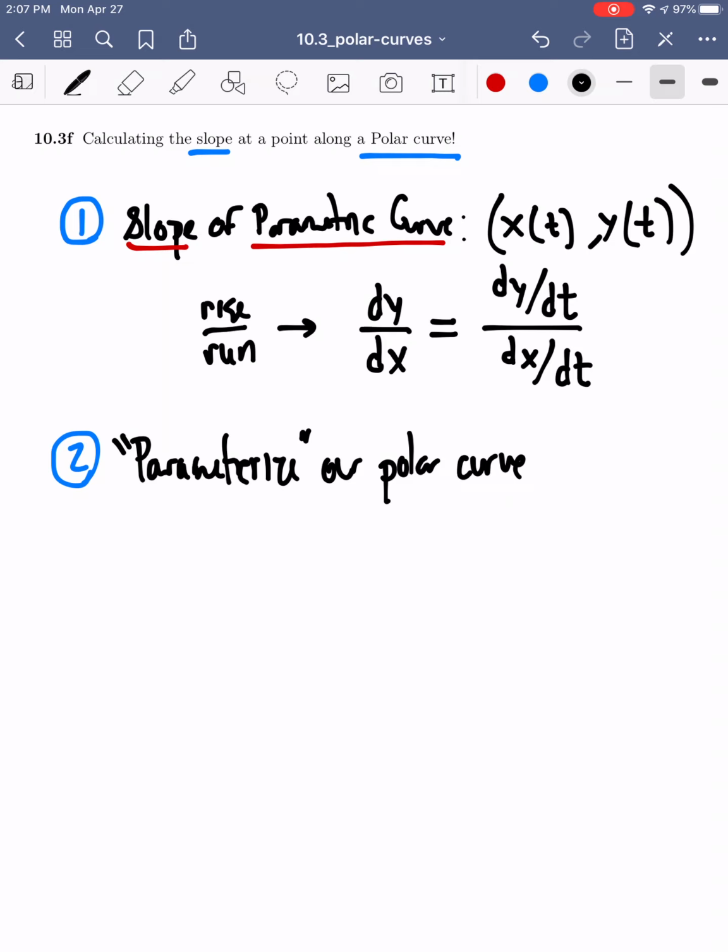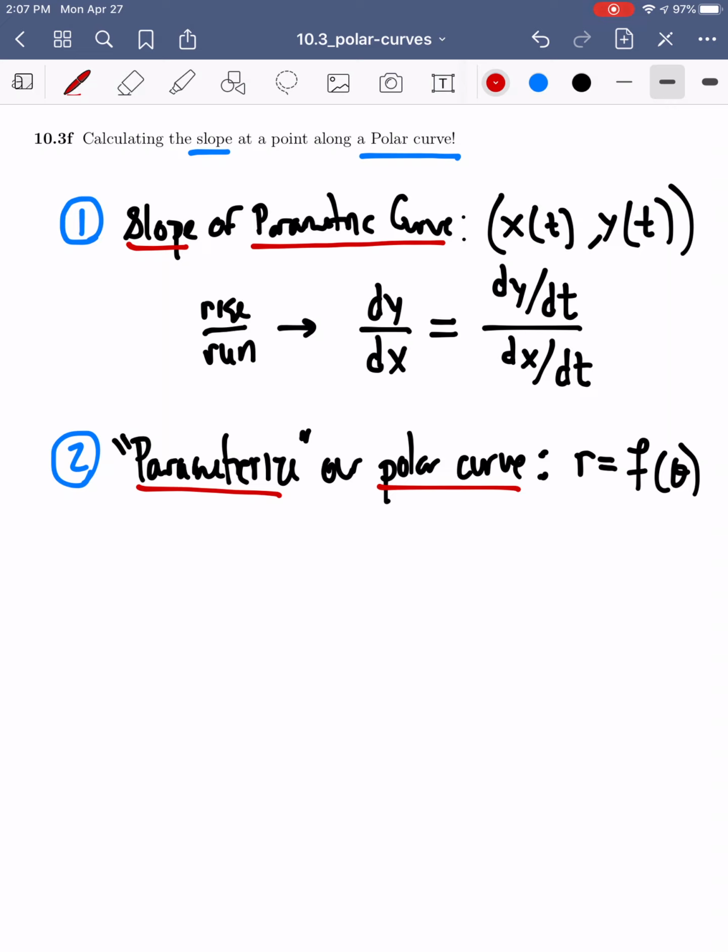And this sounds a bit complicated, but remember, if we're given a polar curve, say r is equal to a function of theta, there's a few things that we know about polar coordinates and Cartesian coordinates.